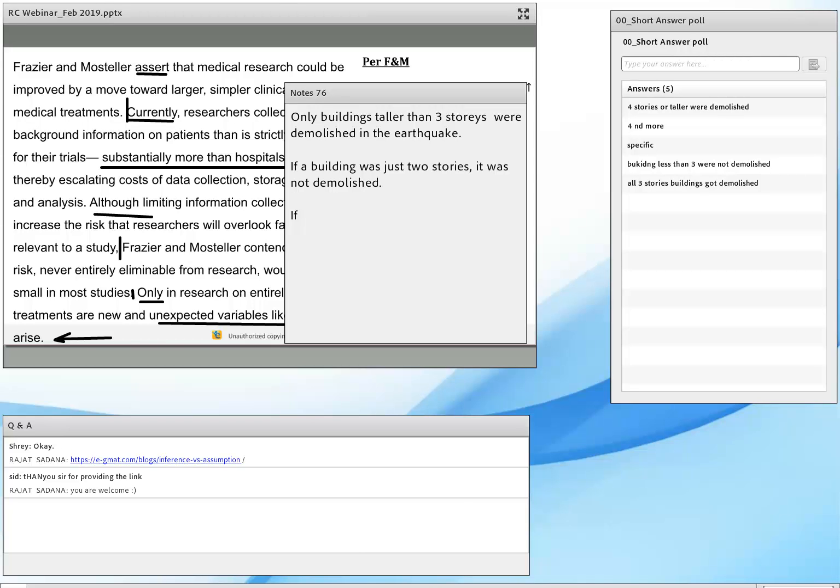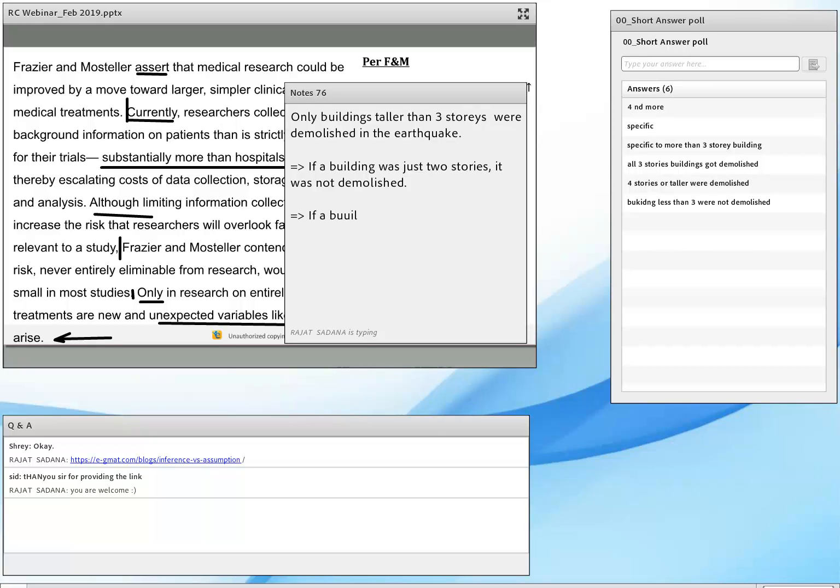The other thing that you can infer is, and let's make it slightly better, not demolished by the earthquake.